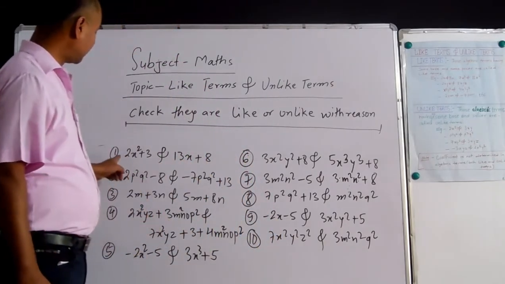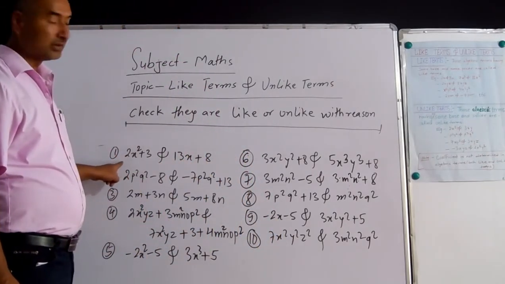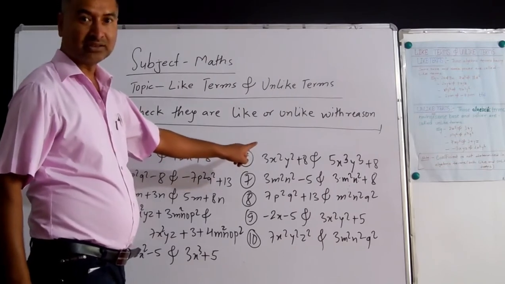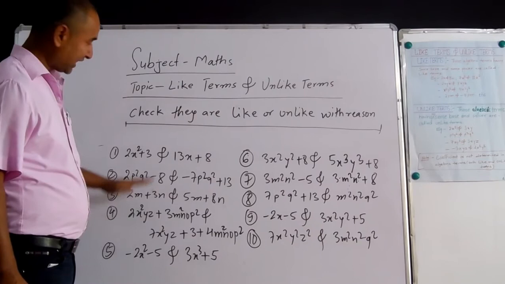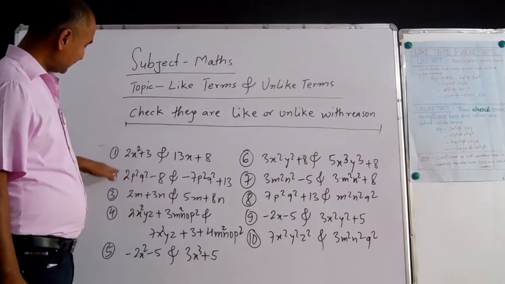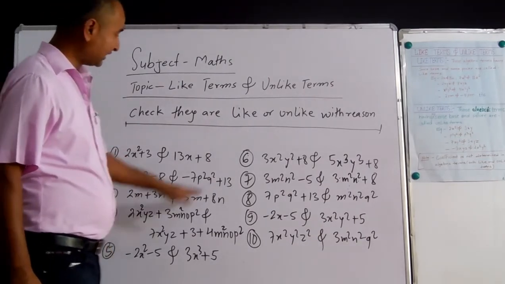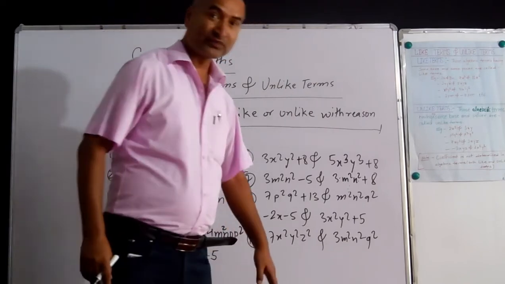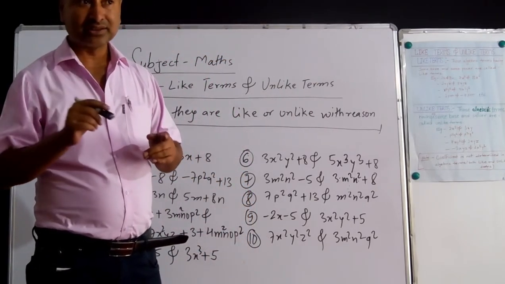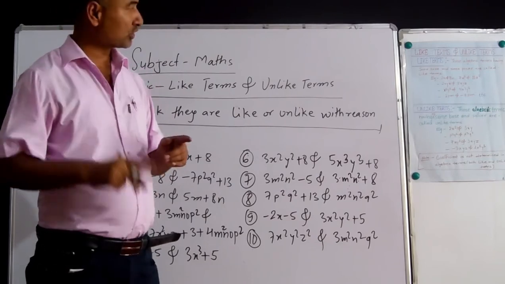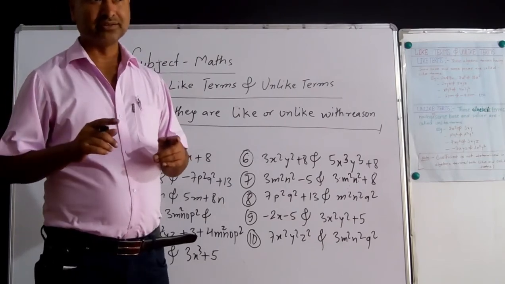Write the first question and the reason behind why they are like or unlike. Here are 10 questions: 1, 2, 3, 4, 5, and on another side 6, 7, 8, 9. Write in your copy with good handwriting, clearly, and focus on your study.